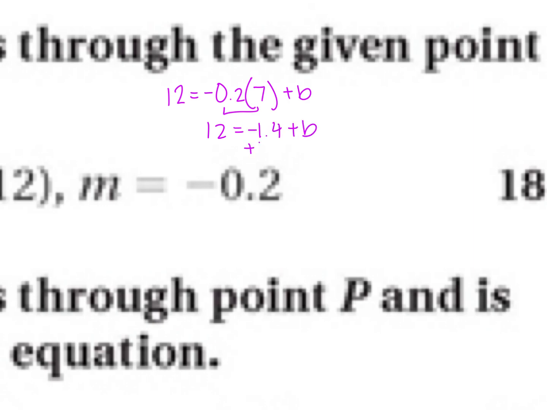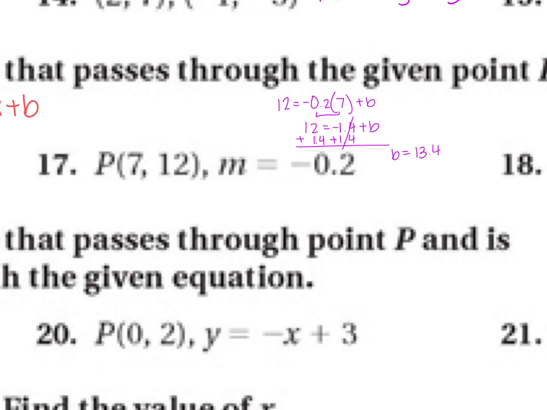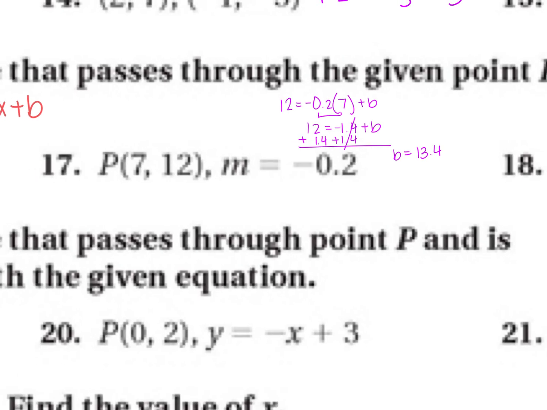Add it to both sides. I'm going to get b equals 13.4. So writing it as an equation, I'm going to get y equals negative 0.2x plus 13.4 is my answer.